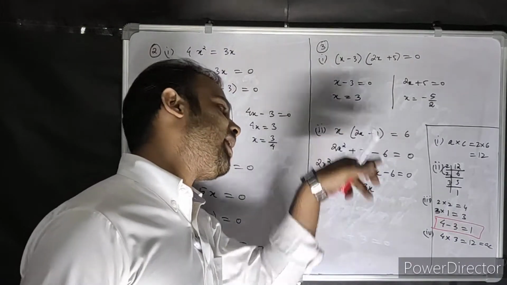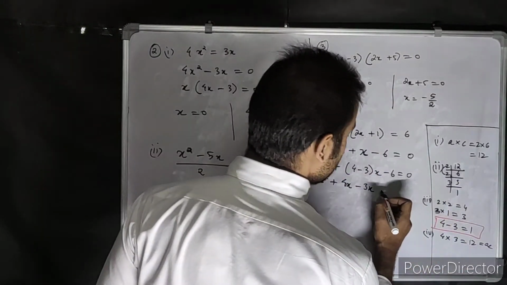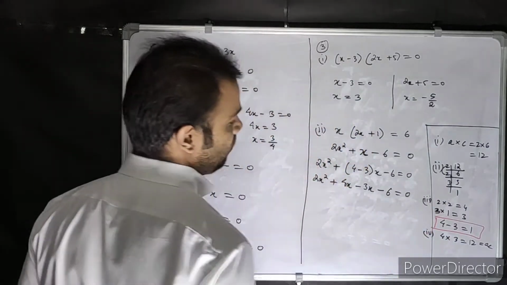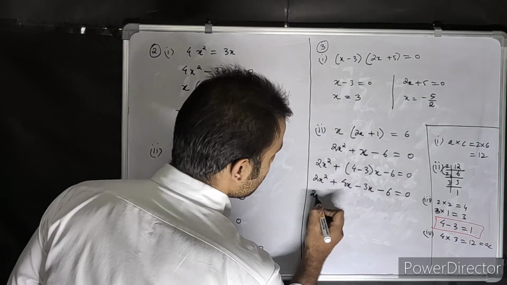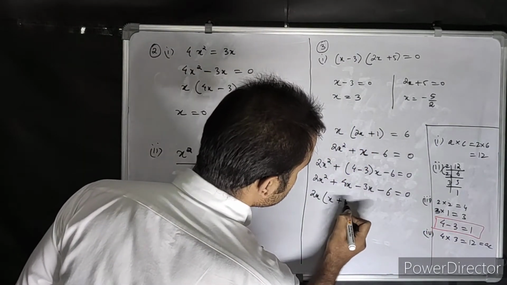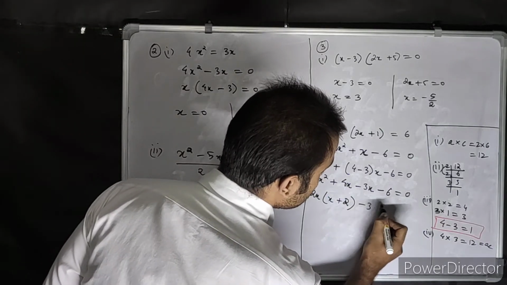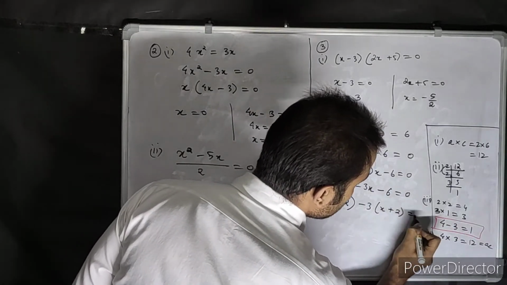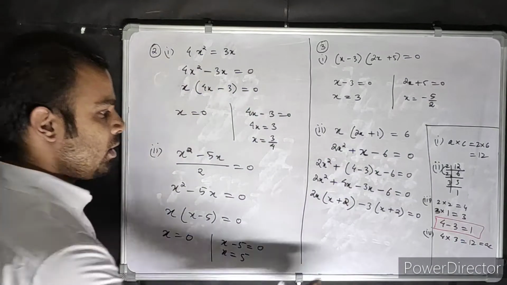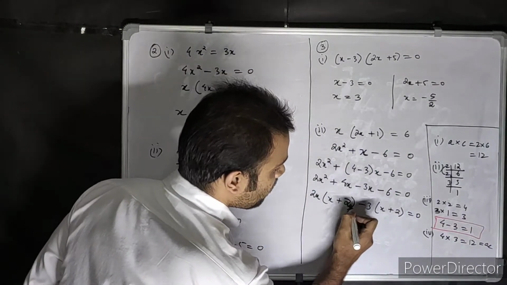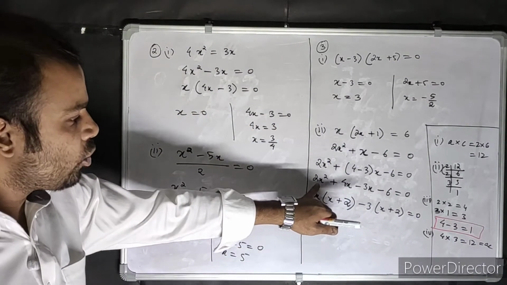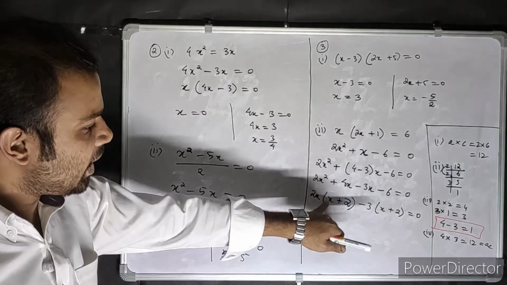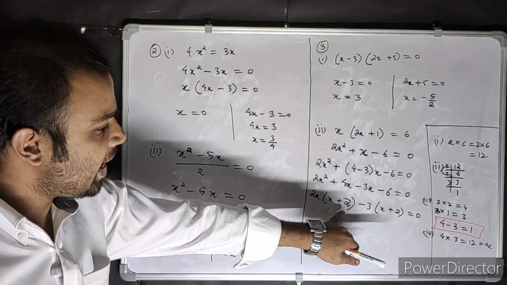We're not trying to go back to the question. We are trying to find the two factors. So 2x, x plus 2, minus 3, x plus 2 equals 0. Did you understand what happened? From here 2x is common. You're left with an x over here. And from here x is gone out.